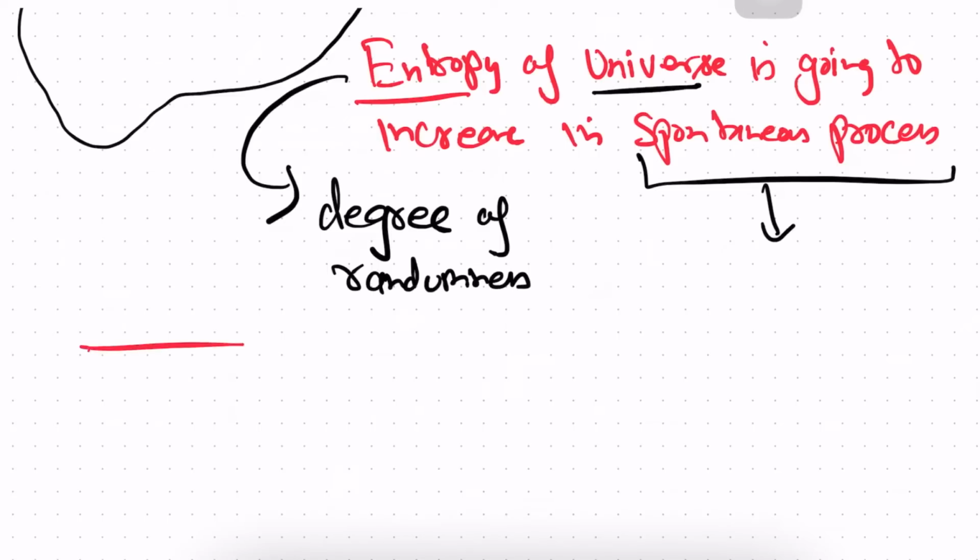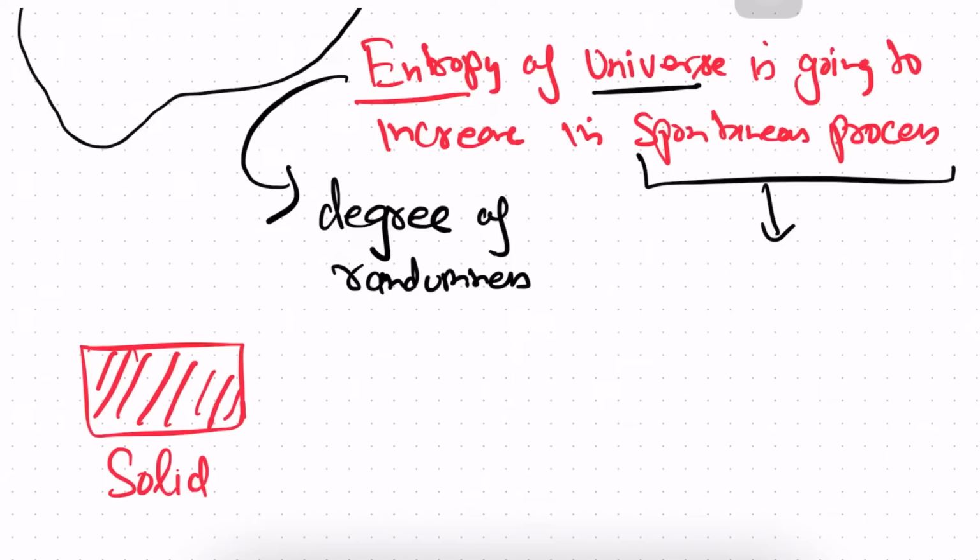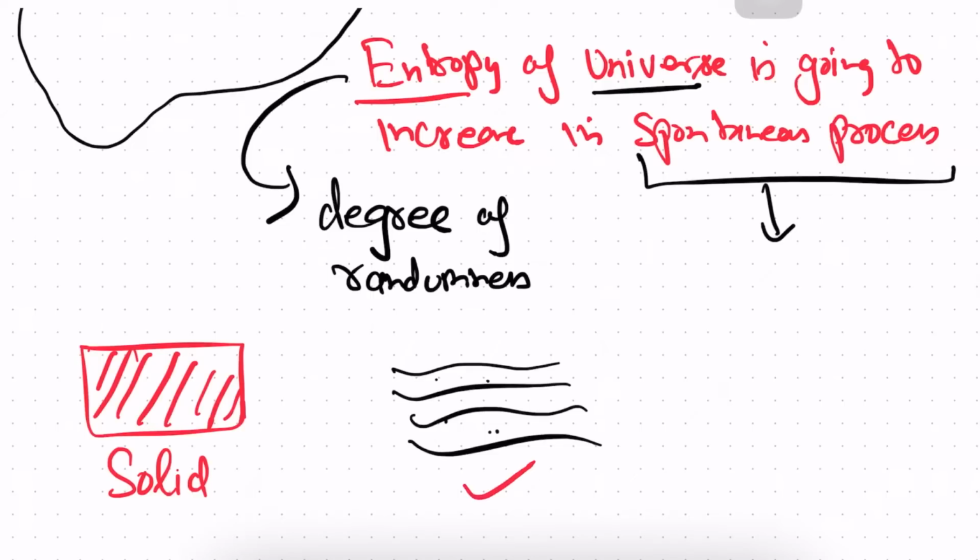Now try to see here, if you have something solid, within the solid the molecules have a lesser degree of randomness, they have fixed positions. While if you have a liquid, within the liquid the molecules are moving faster, so here you have more entropy.